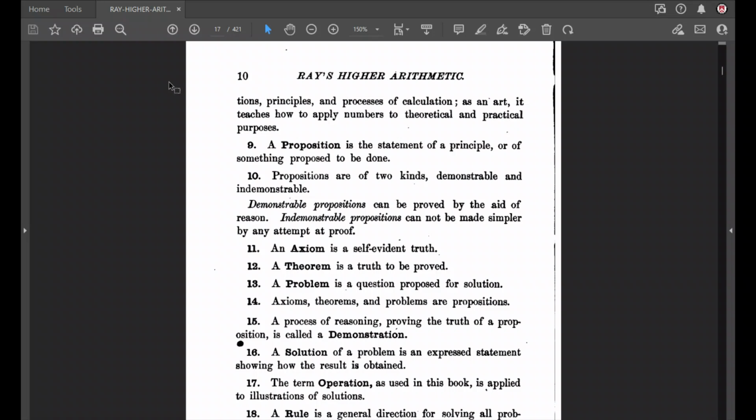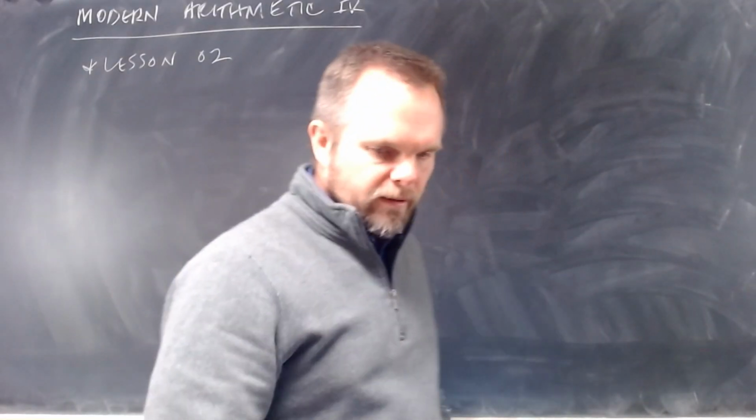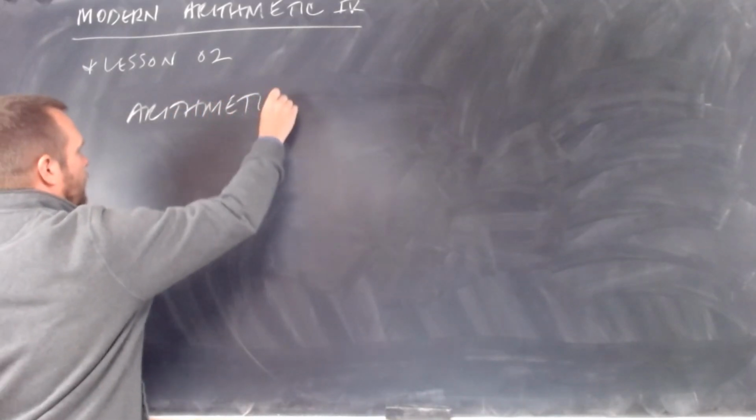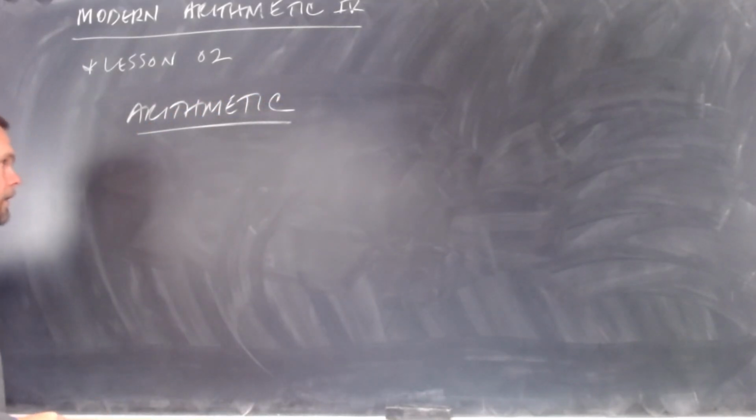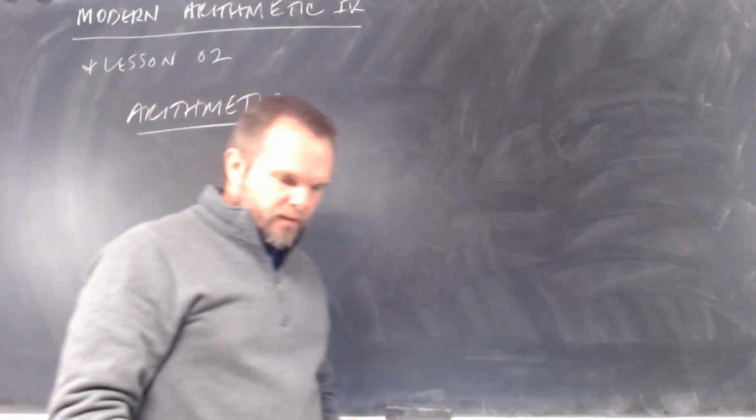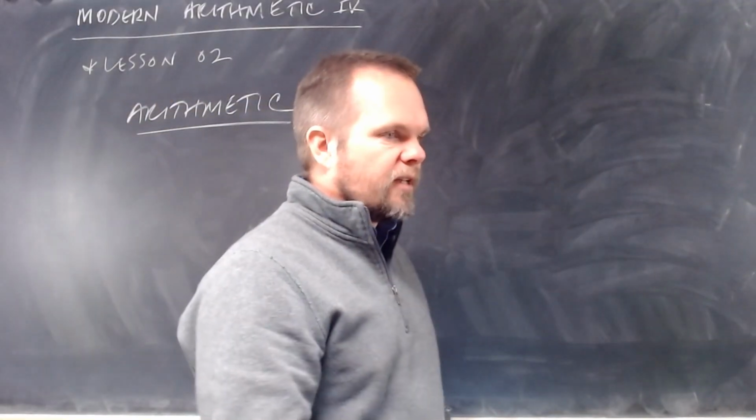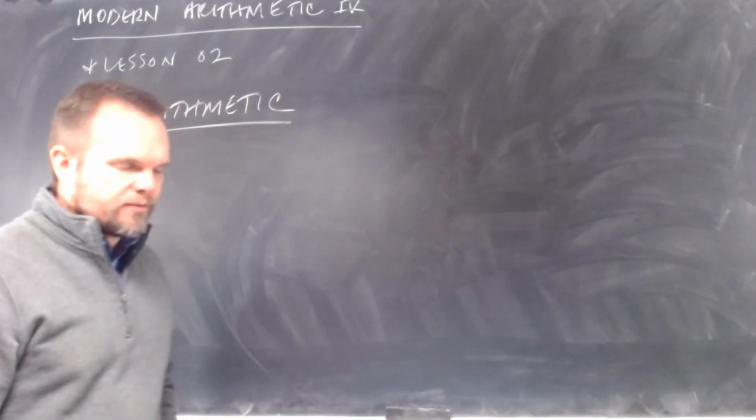So let's get out of this discussion of classical mathematics. In article number 8 here, we have a division of the study of arithmetic. We learn that arithmetic is the introductory study of numbers.